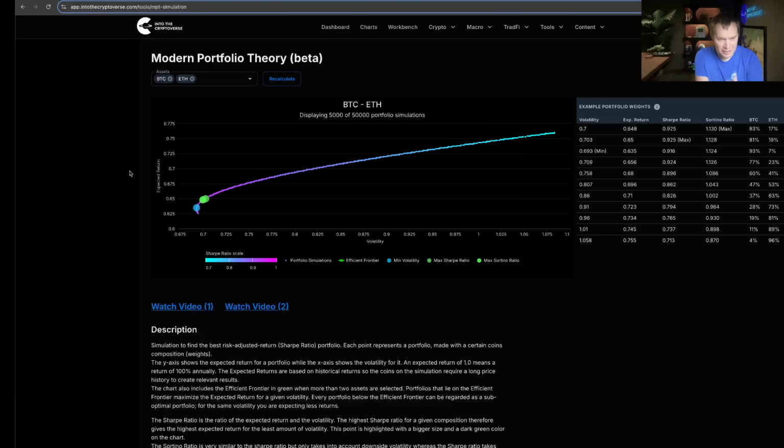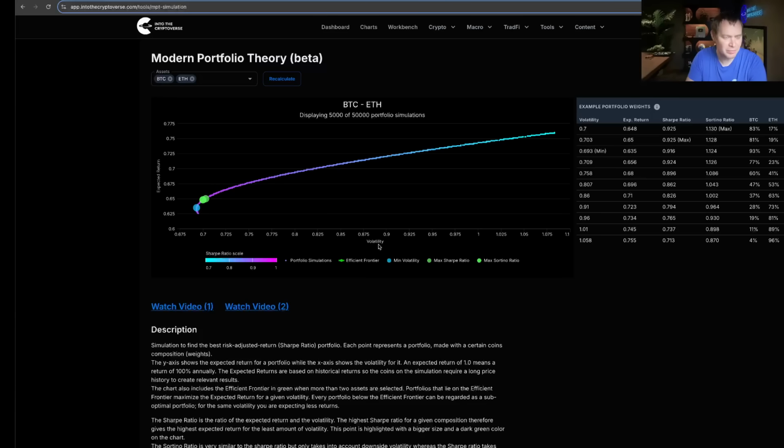So this chart shows us the expected return based on historical returns, noting that obviously the past doesn't necessarily predict the future, on the y-axis. And then on the x-axis, you have volatility or risk, right?